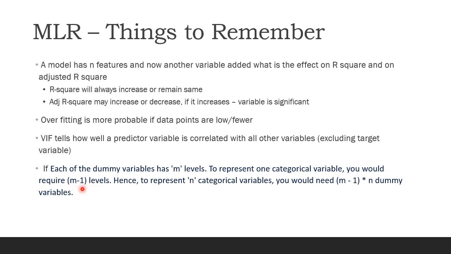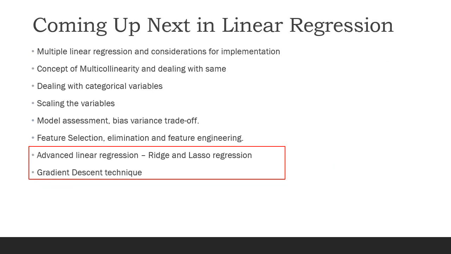As we saw in that slide, for dummy coding we used m minus 1 levels, while one hot encoding used m levels. So m minus 1 should be used to optimize the model. And if there are n categorical variables, you would need m minus 1 into n dummy variables. This is what we already saw in the dummy coding part, and this is what we need to take care of.